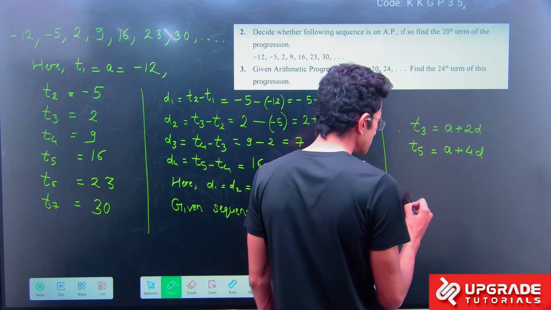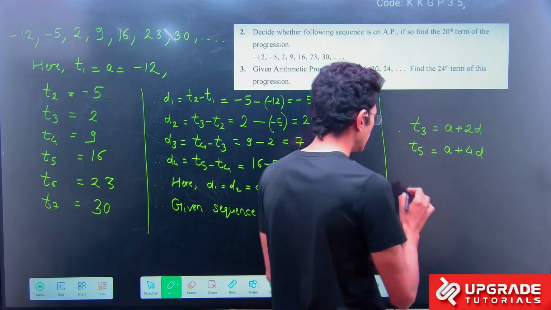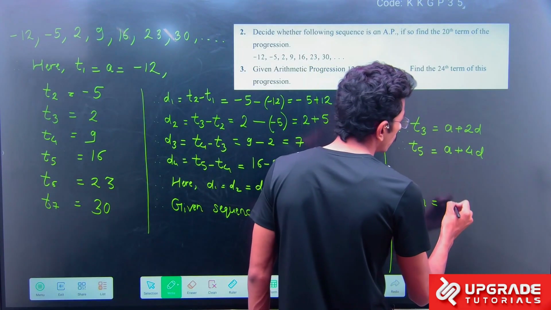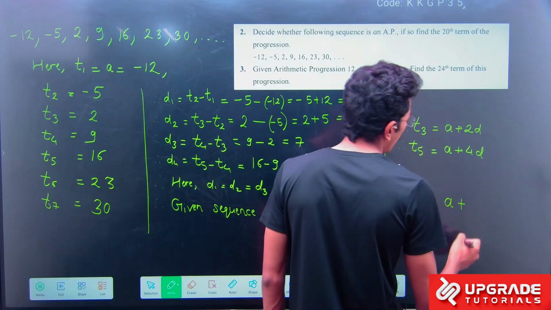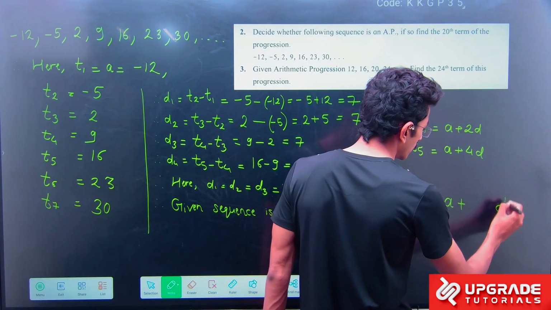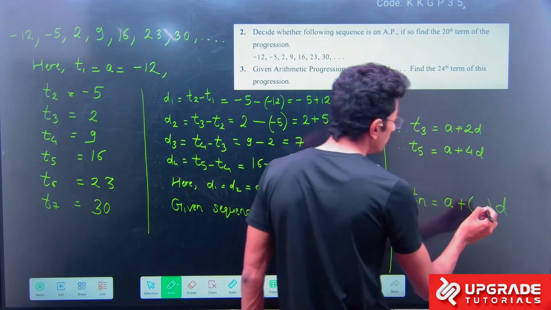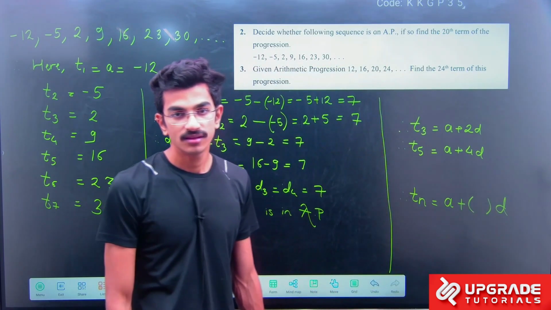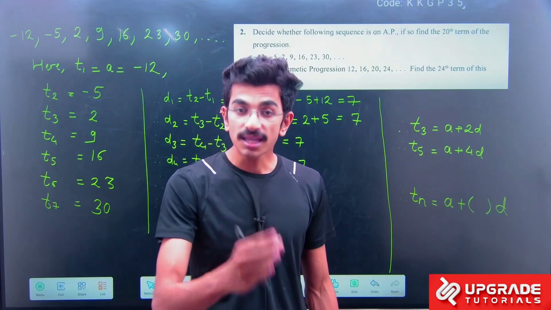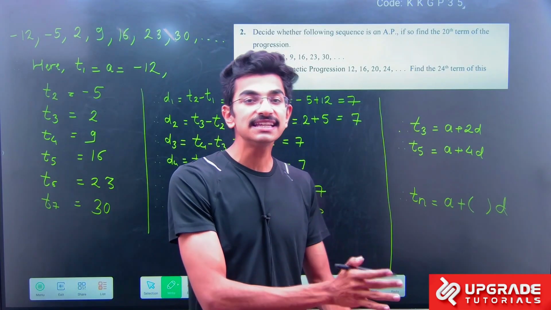So we'll just take a random term, namely Tn. A is common and D is also common. But what will be the coefficient of D, or what will be the multiple of D? It will be the number which is preceding the term.